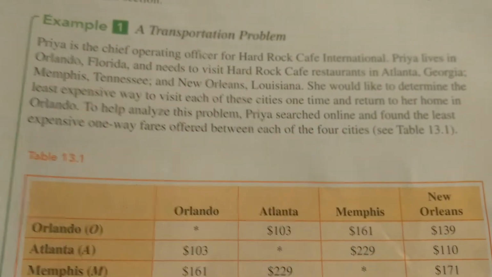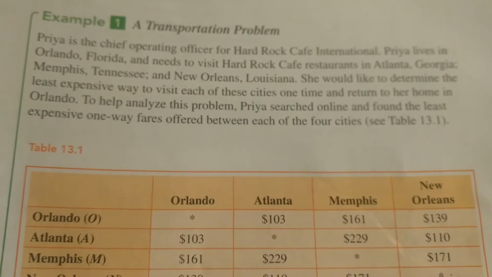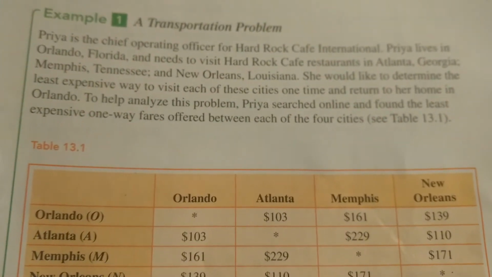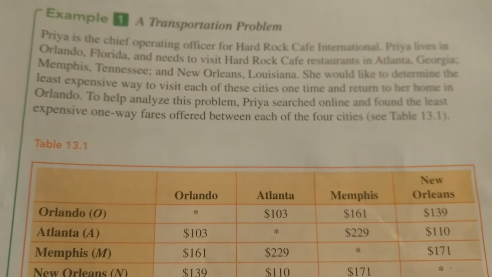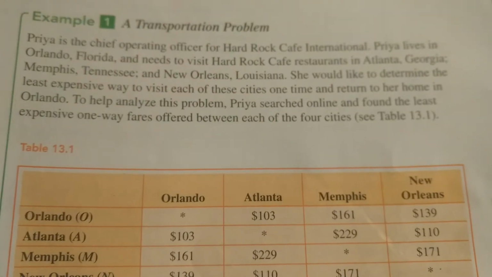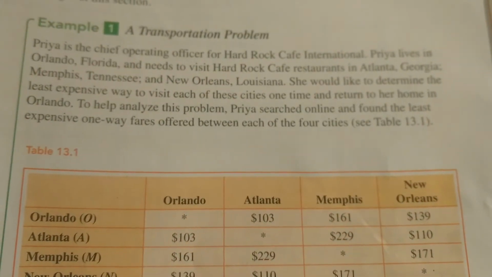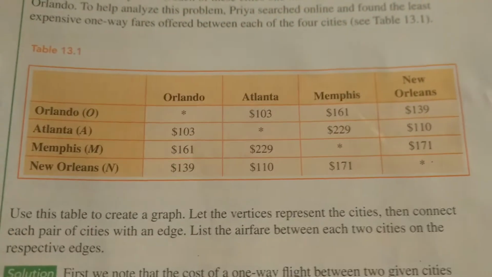She would like to determine the least expensive way to visit each of these cities one time and return to her home in Orlando. To help analyze this problem, Priya searched online and found the least expensive one-way fares offered between each of the 4 cities. That's what this table is showing here.